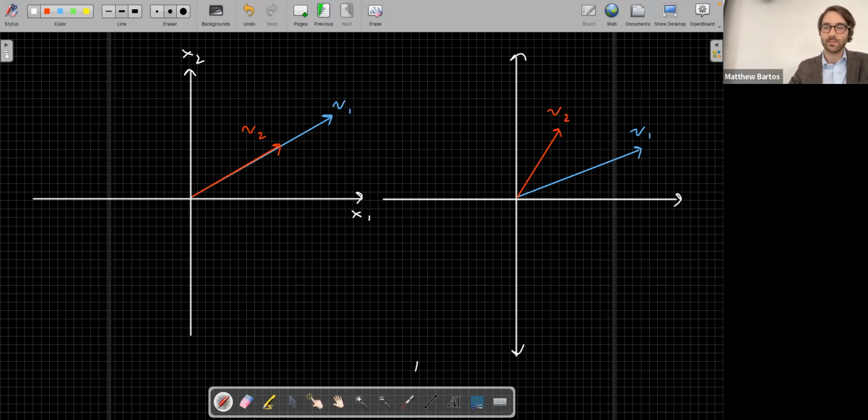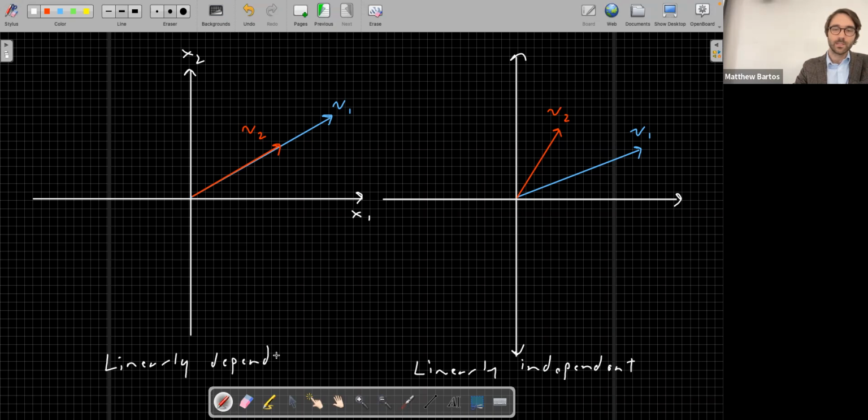So again, this is linearly independent, and this is linearly dependent. It seems like a simple concept, but it's going to be very important for our discussions later on.